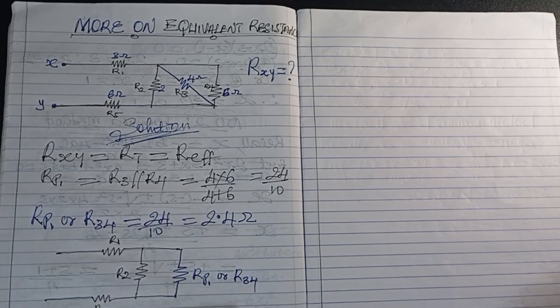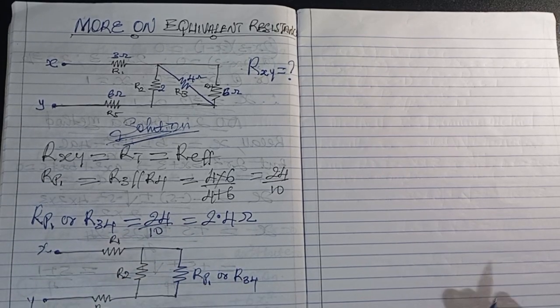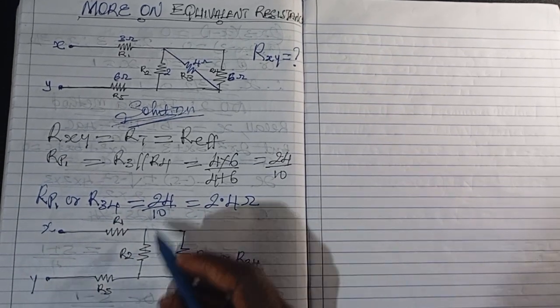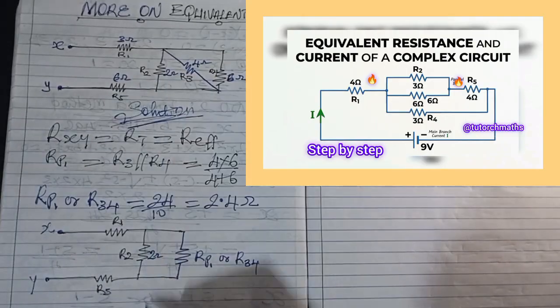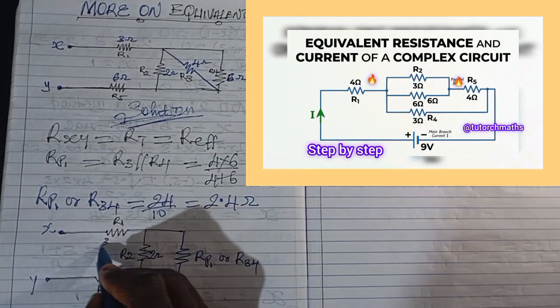Okay, good. Alright, so remember the values here. The values here is 2 ohms. Remember, it is ohms. Here is 3 ohms.